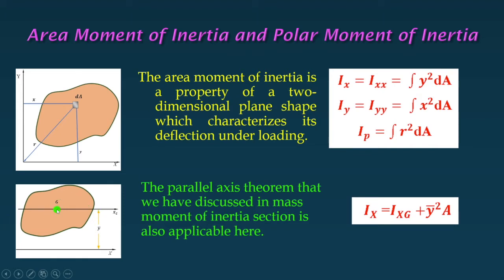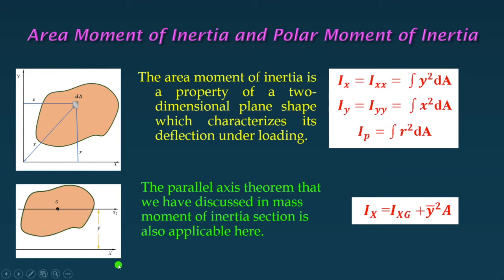Now you can use the parallel axis theorem. Say G is the centroid and xG is the axis passing through the centroid. The parallel axis theorem and perpendicular axis theorem that we applied to calculate the mass moment of inertia can be applied here also.